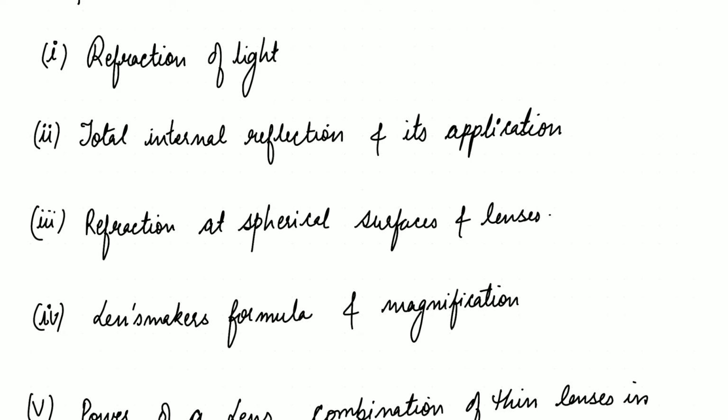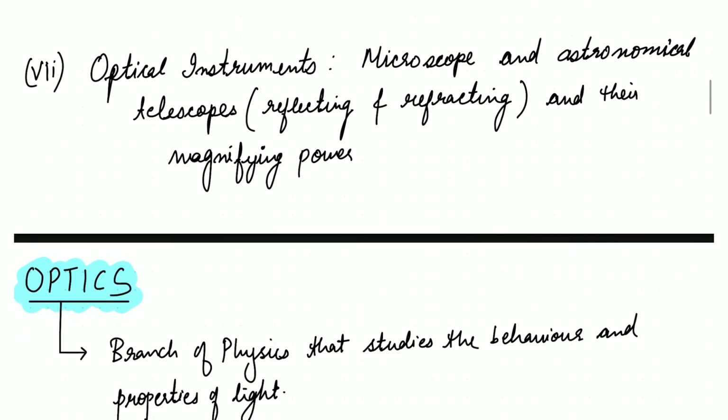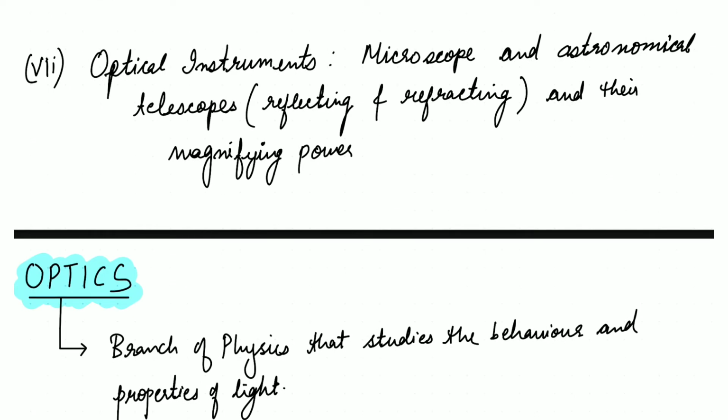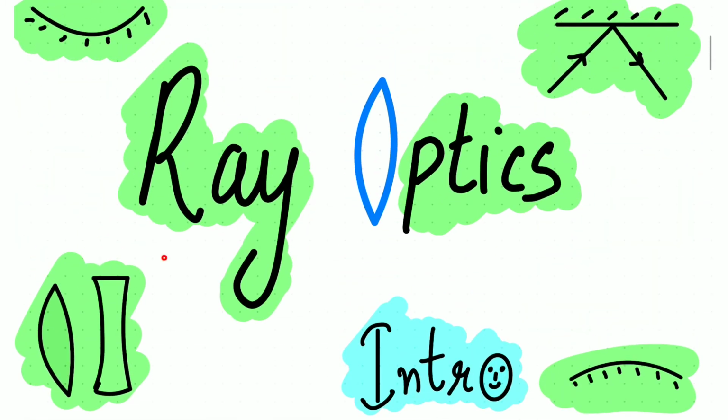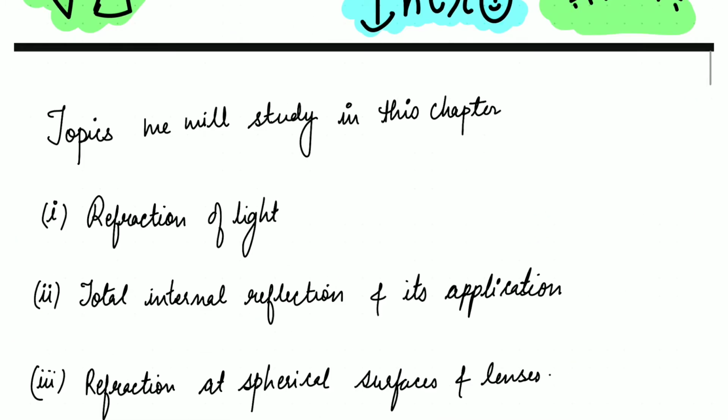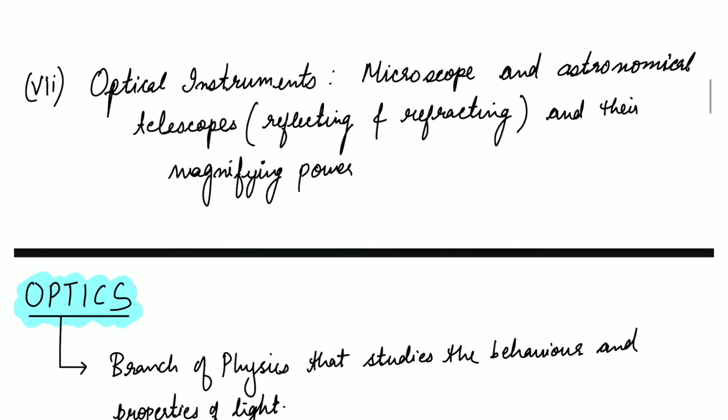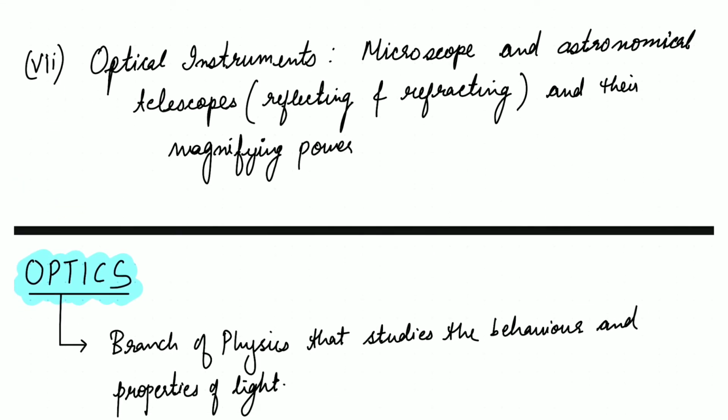So let's start the chapter with the topic known as optics. Optics is the core of this chapter, because the chapter starts with ray optics. So the first and most important question is what actually optics is. It is a branch of physics that studies the behavior and properties of light.